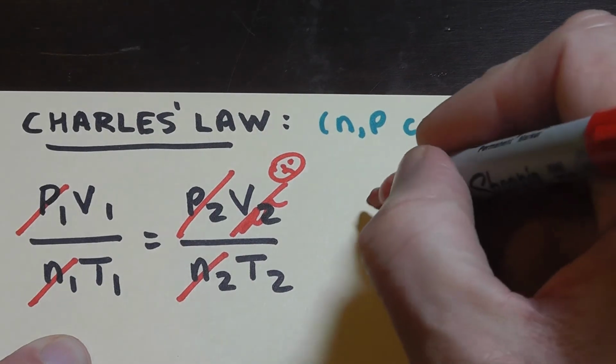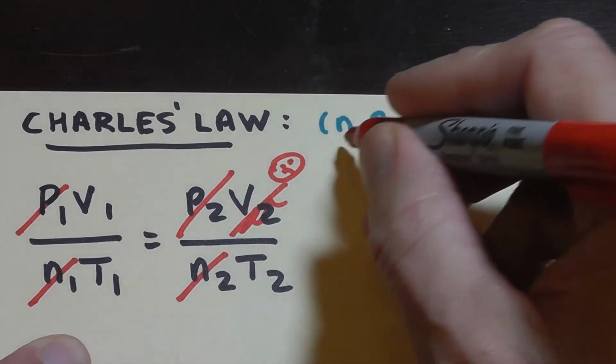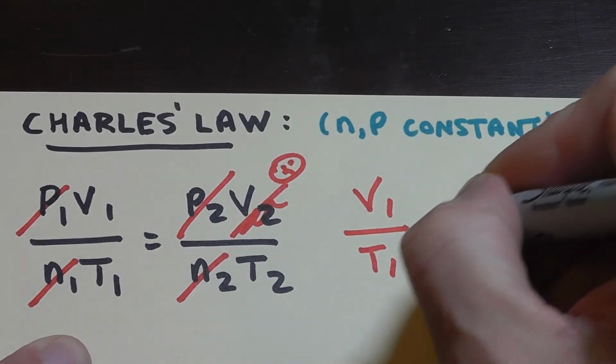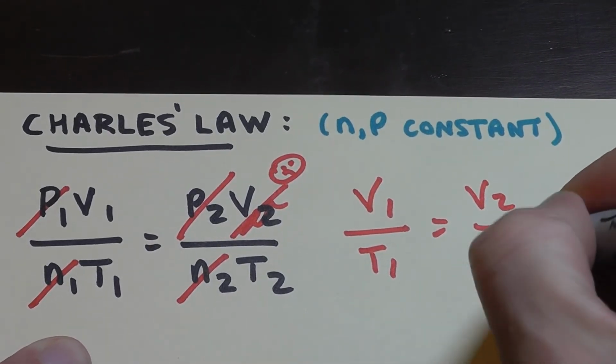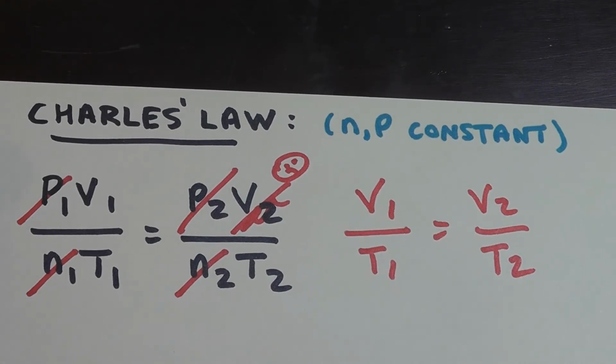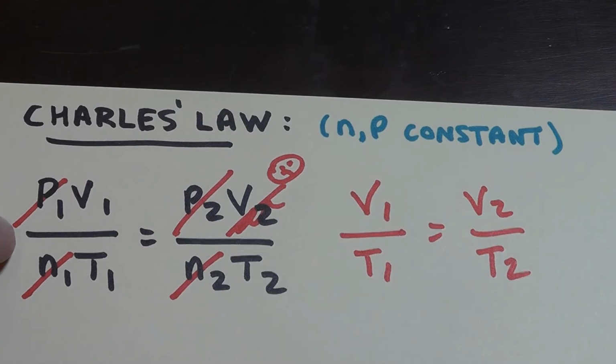And that means P was constant, and that means V1 over T1 equals V2 over T2. So this is kind of a gas expansion law. Remember, your units in temperature have got to be in Kelvin. Fair enough?